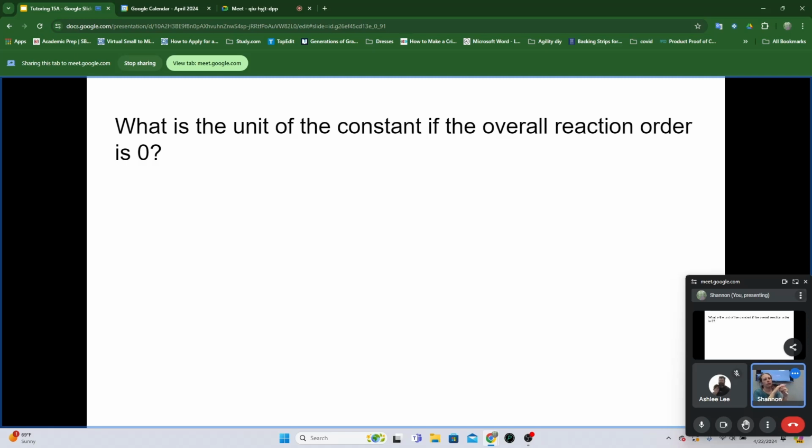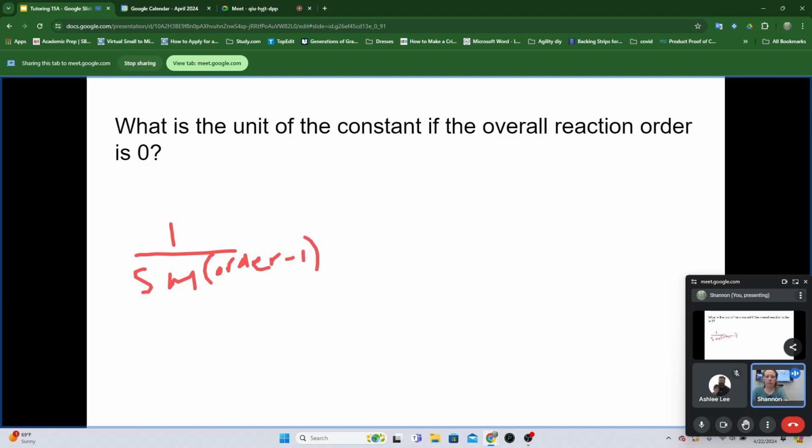In the denominator, you have seconds, and then times the order, sorry, let me redo this. 1 over, you have seconds, and then you have M to the order minus 1, basically.